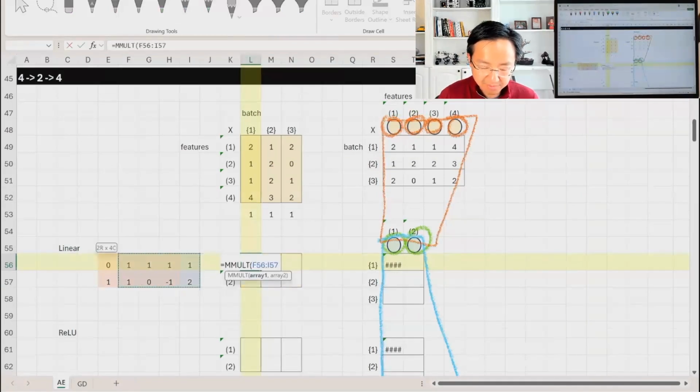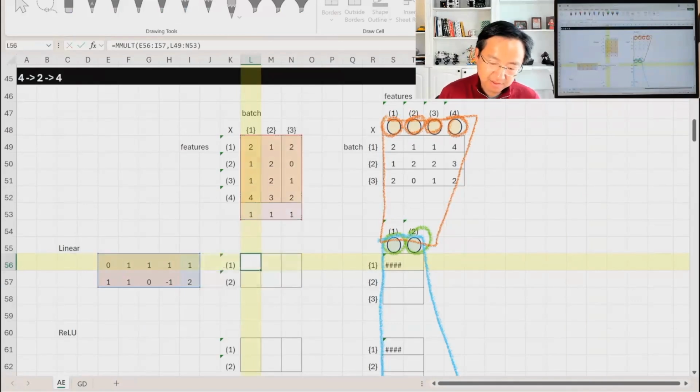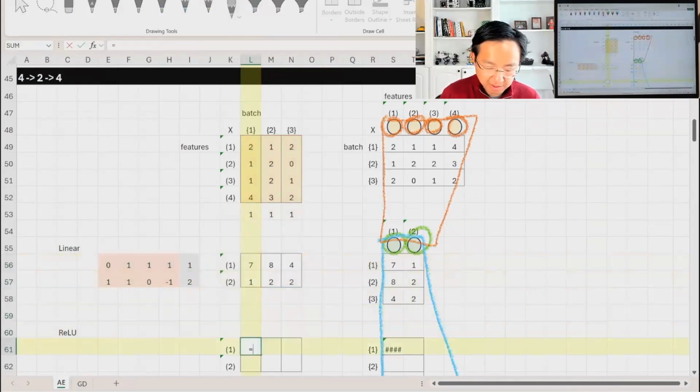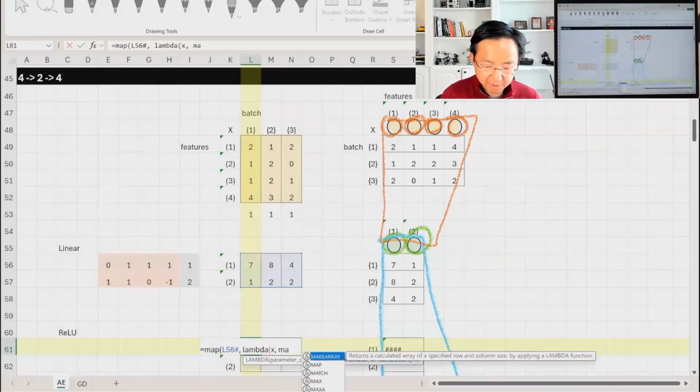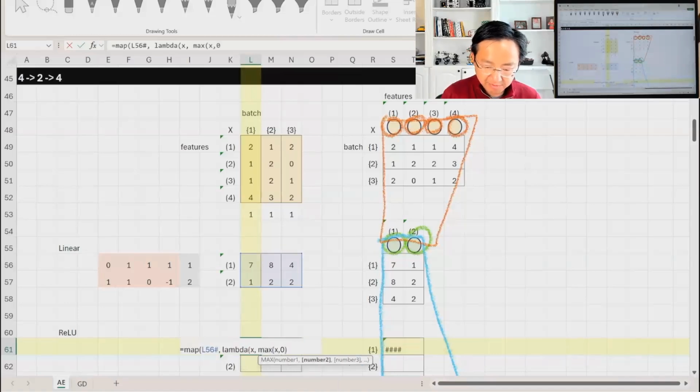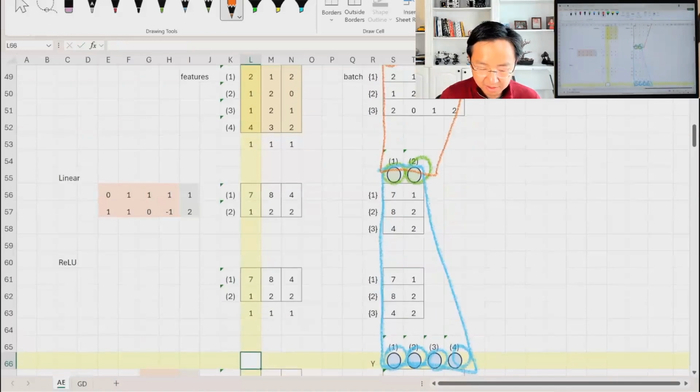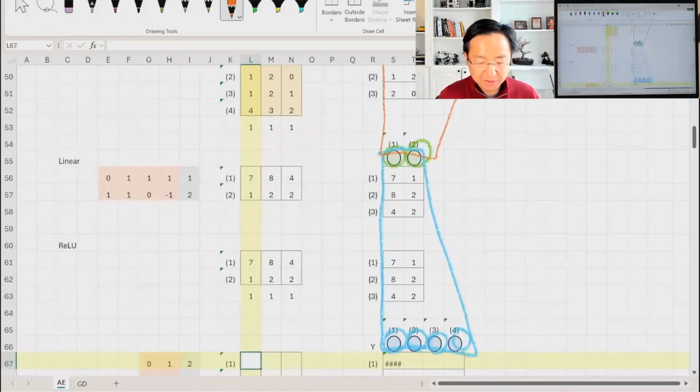Again, this is a review of the multi-layer perceptron stack. For the ReLU function, I can use my map and take every single element from before. I use a lambda function to take each element x, but I apply max of x and 0. So that's a very typical ReLU implementation.